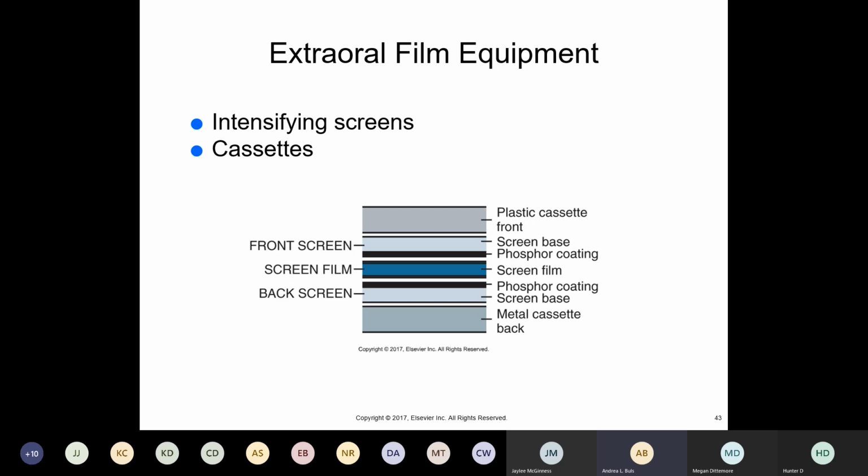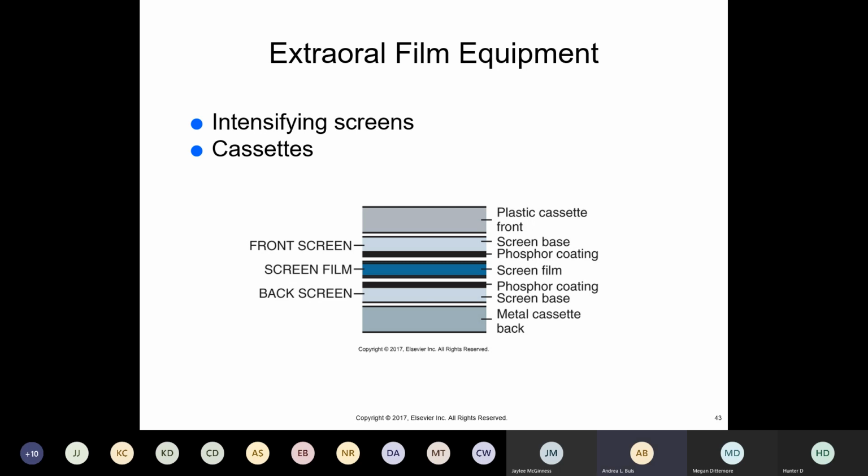Some of the old pano machines had a drum that flexible vinyl sleeve would wrap around. And then the newer units have just a flat side of the X-ray tube that the hard metal cassette would slide into. So it's just different types of pano machines require different types of cassettes.